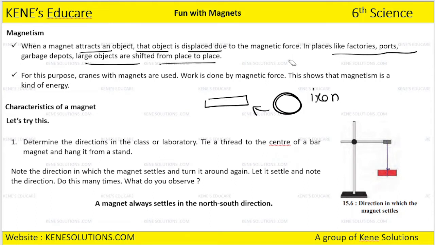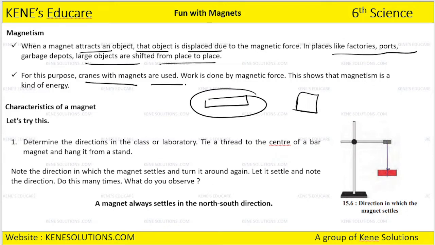In big factories, if there are objects of iron, cobalt or nickel, they can be moved from one place to another because of magnetism, because the magnet attracts objects made up of nickel and iron. For this purpose, cranes with a magnet are used.